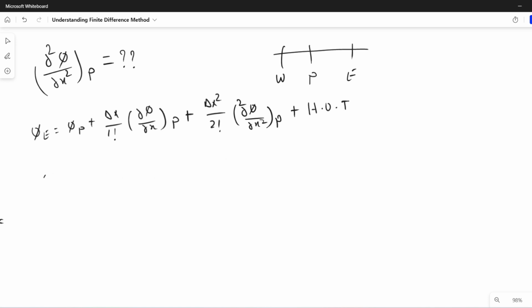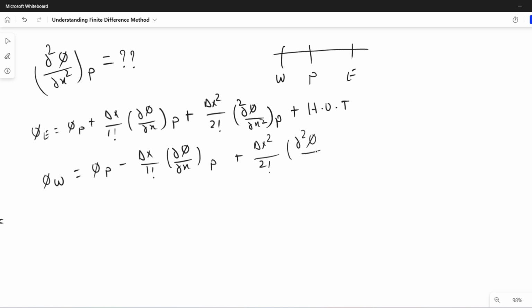In a similar manner, we will have φW, which is equal to φP minus Δx upon 1 factorial ∂φ/∂x at point P plus Δx² by 2 factorial ∂²φ/∂x². Let us write one more term, minus Δx³ divided by 3 factorial ∂³φ/∂x³, plus Δx⁴ by 4 factorial, and we have other terms.